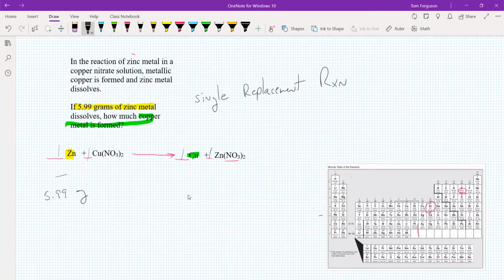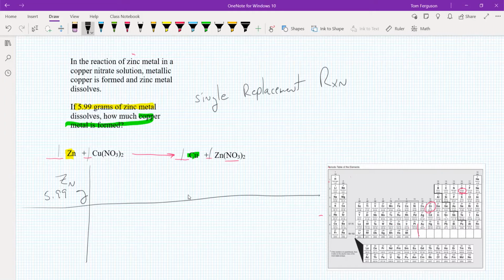Now I'd like you to put up here the zinc, because we're going to actually cancel that. Step number 1 in the setup, that's what we're on right now, is converting what's given.